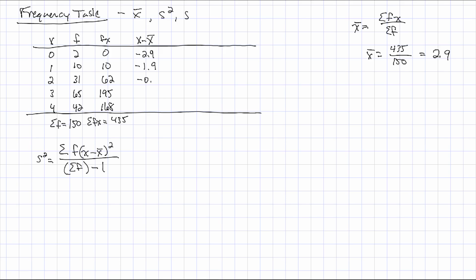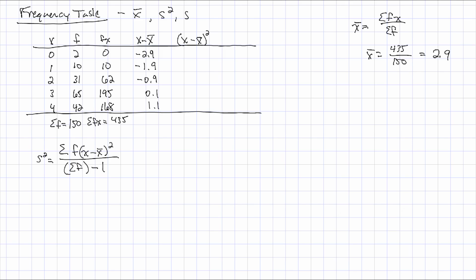Then we have negative 0.9. And then 3 minus 2.9 is 0.1, and then 1.1, and if we had more, it'd be 2.1, and so forth. So there's a pattern with this x minus x bar. Next, we square each of those values to generate this x minus x bar squared.